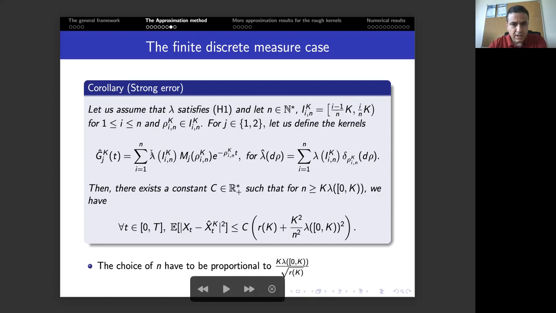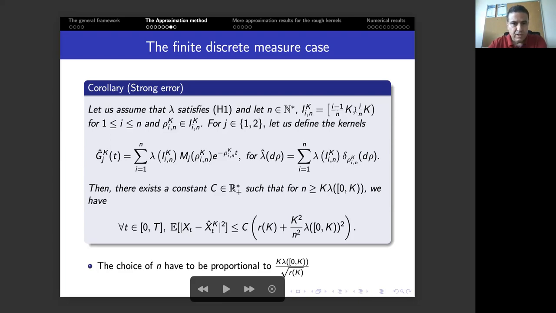And the weights alpha i here simply correspond, of course, to the measure of this interval with respect to our measure lambda. So this is our approximated kernel, and this is the approximation measure, as I told you. So this is a sum of Dirac points with this multiplicative constant that is simply the measure lambda of each small interval of this type.